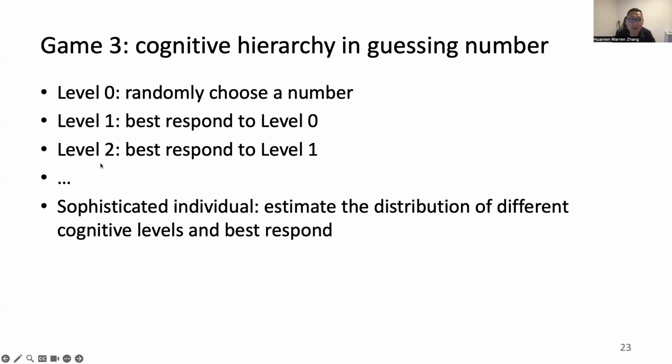You have level 3, level 4, and to level K or level N. And also we can assume that there are sophisticated individuals who have an estimate of distributions of different levels of thinkers, and they try to respond to this distribution of different thinkers. Okay.